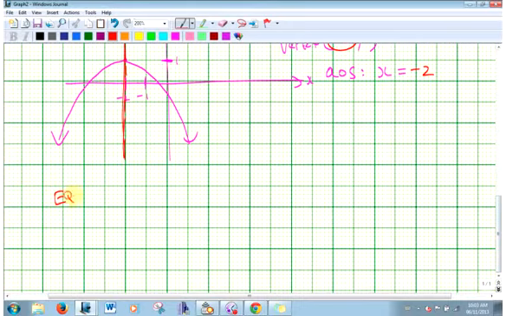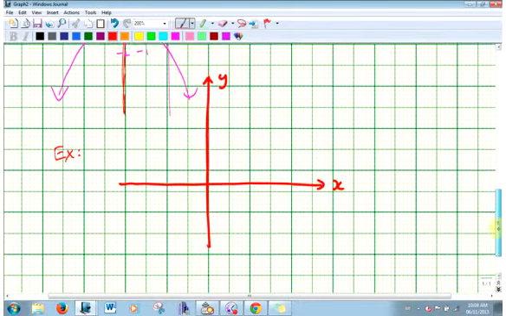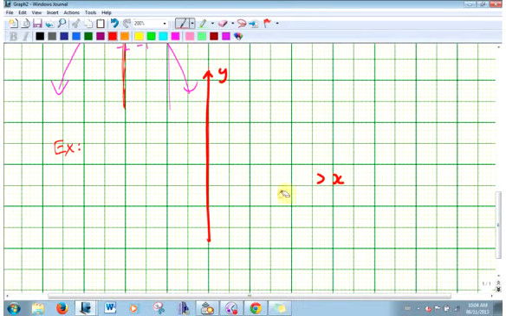Example. Here's a graph. Let me use that so you can see it better. I hope we all understand our coordinate plane, our Cartesian coordinate plane, that's what it's called.